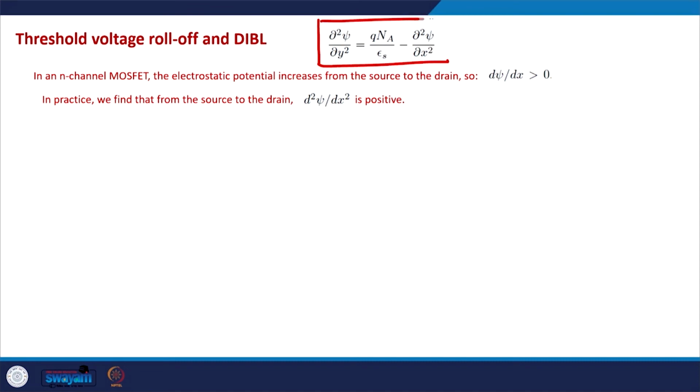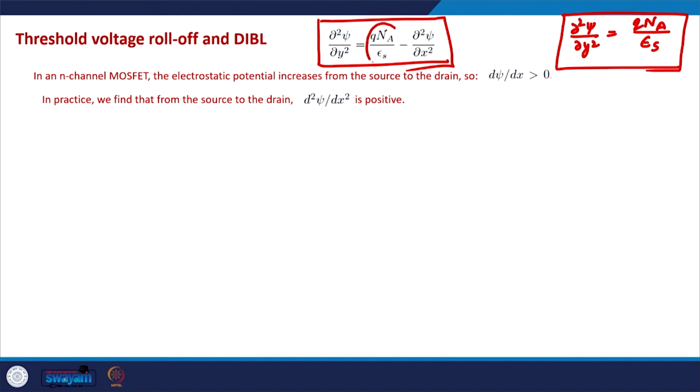Now if we compare this to the 1D Poisson equation, del 2 psi by del y square, which is q Na divided by epsilon s, in the 2D electrostatics, in addition to this factor of q Na by epsilon s, we also have a positive quantity del 2 psi by del x square.